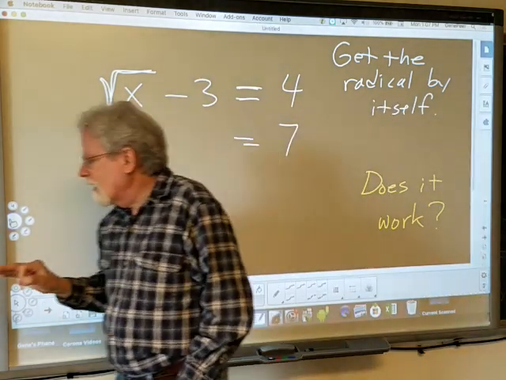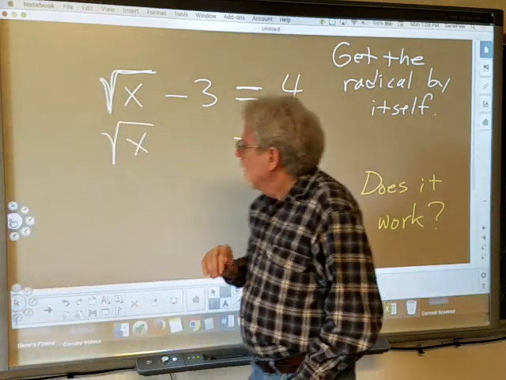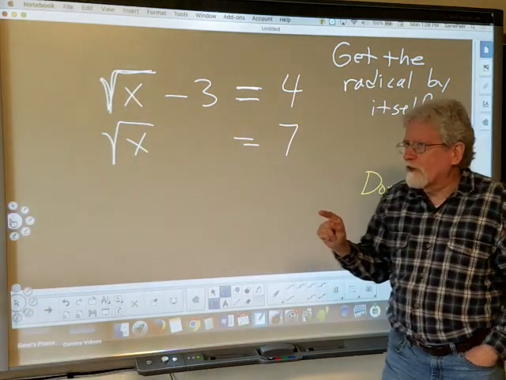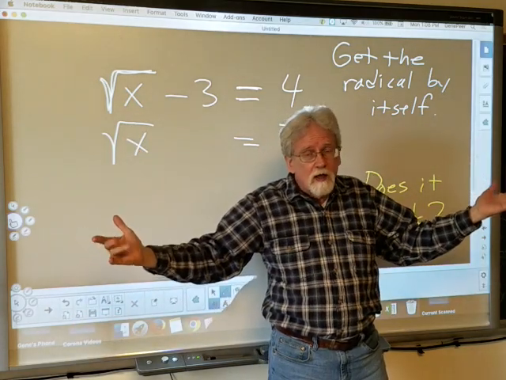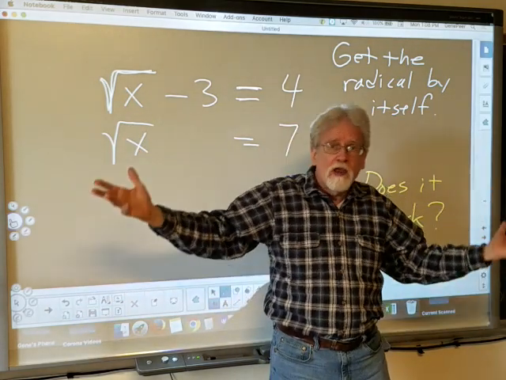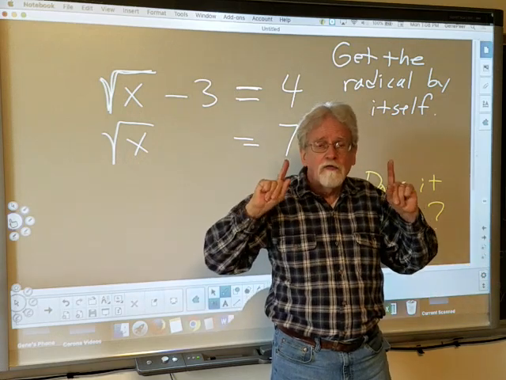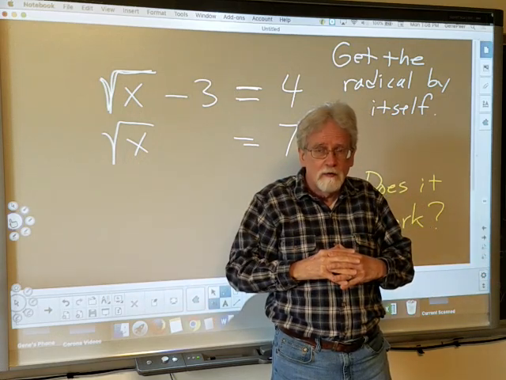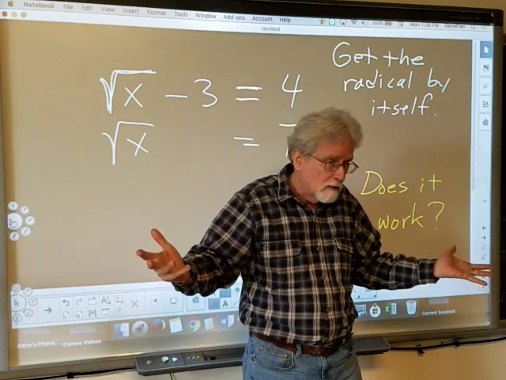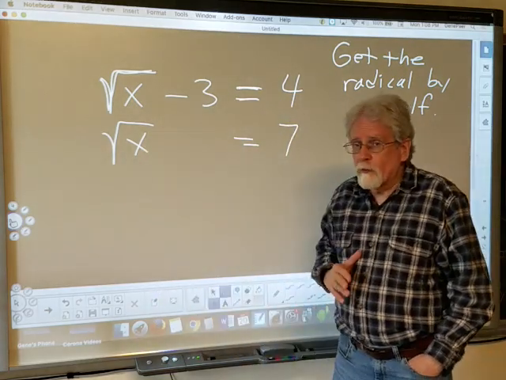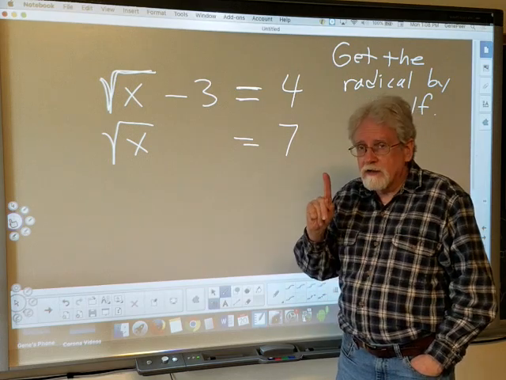Now, what we didn't look at yet was Theorem 7.7. Theorem 7.7 says that just like I can add the same thing to both sides of an equation, I can multiply both sides by the same thing, I can also square both sides. Or if I wanted to, I could take both sides to the 3rd power or the 4th power. Here, I'm going to square both sides. Why?